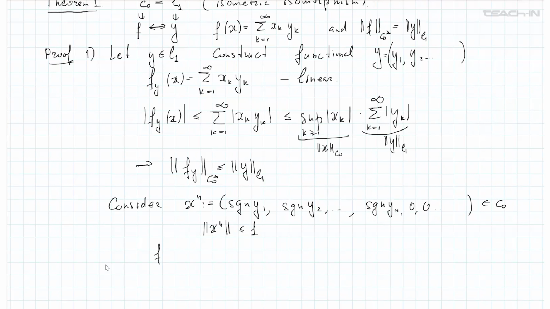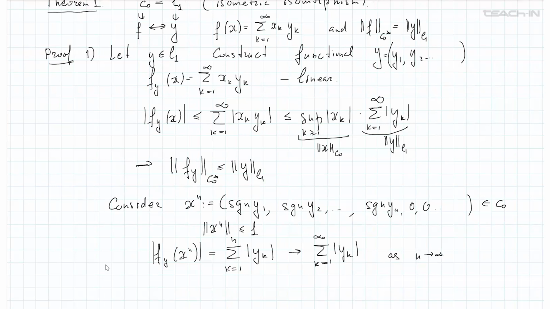Then f_y of x_n is just equal to this partial sum, and it tends to the whole sum as n tends to infinity.